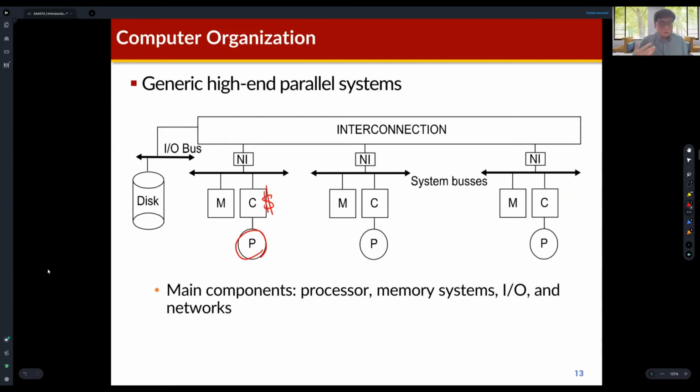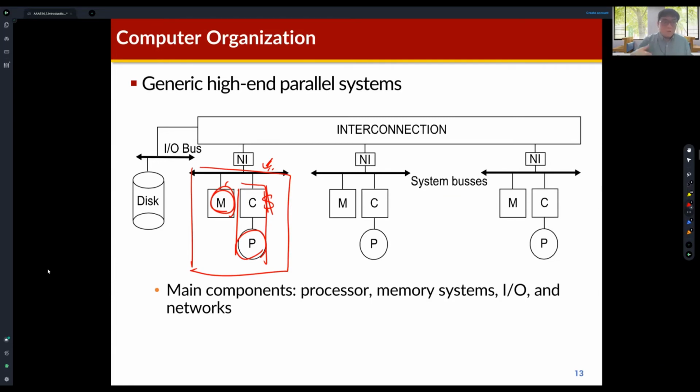The processor includes the on-chip cache, because if the data is found in these on-chip caches, then we can access this data very quickly. So the on-chip cache is very critical for the performance of processors. Also, the main memory is connected to this processor via the memory bus here.